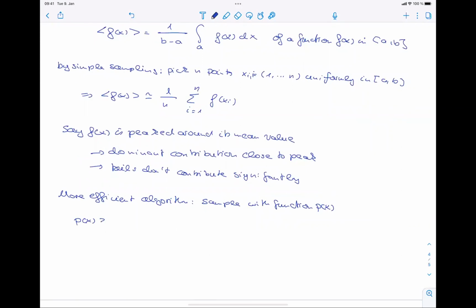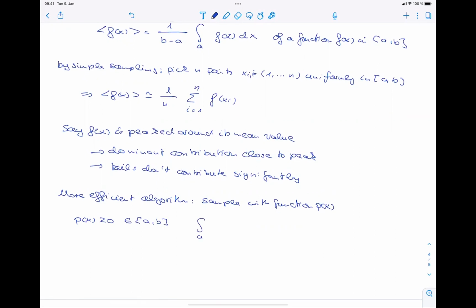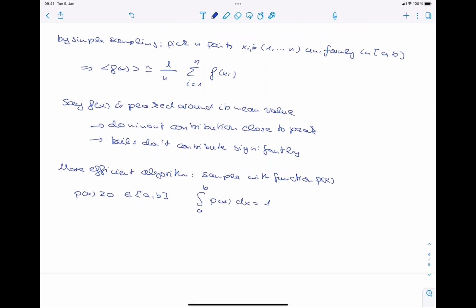So p of x would be a function that's positive across the entire range between a and b, and it would be normalized over the interval, so that it's contributing to 1. So just putting in weights.